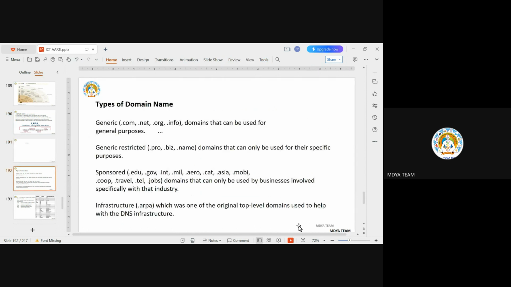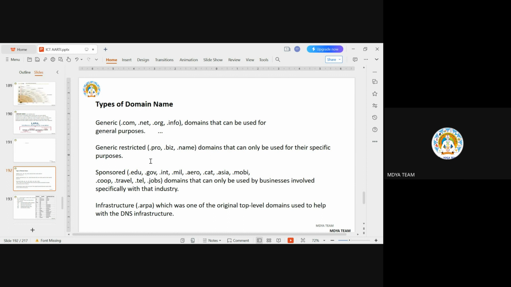Types of domain names. There are generic domain names, generic restricted domain names, and sponsored infrastructure. Generic is what we normally use: .com, .net, .org, .info. For general purposes we use the generic ones, mostly .com.